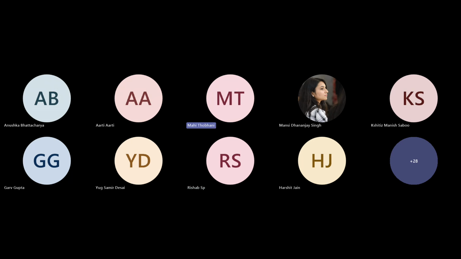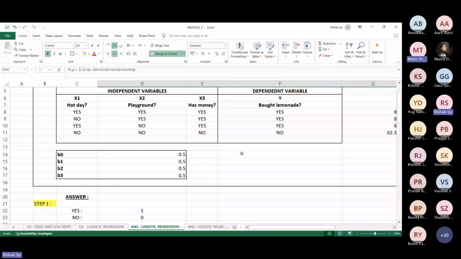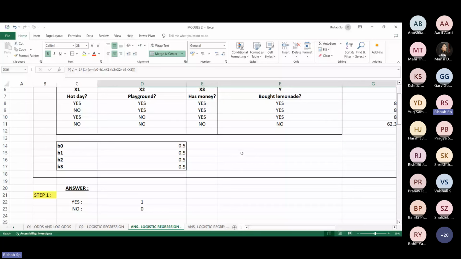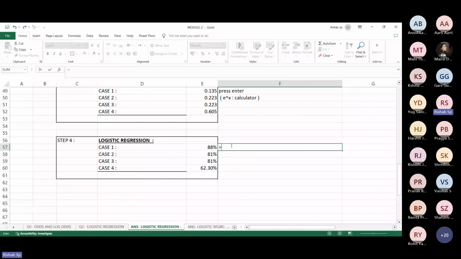I'm sorry, after step 4, how did you convert that back to the yes or no criteria? Like if it is 88%, then you said yes, it may happen. Yeah, I'll explain that. One second. For here, 1 divided by bracket open 1 plus exponential value.